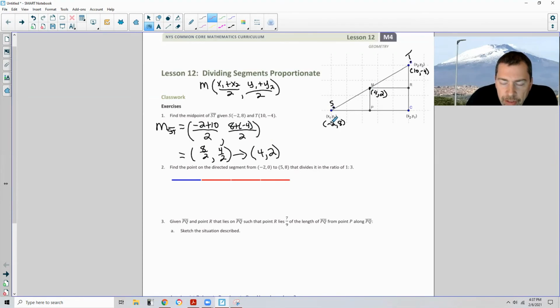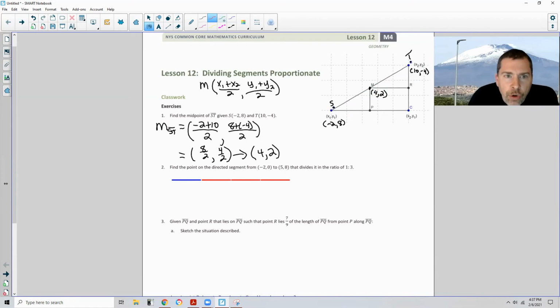To get from -2 to 4, I have to add 6. To get from 4 to 10, I have to add 6. They have to be the same if you're at the midpoint. To get from 8 to 2, I subtract 6. To get from 2 to -4, I subtract 6. That gives us 2 congruent segments meeting at the midpoint of ST at the point 4, 2.